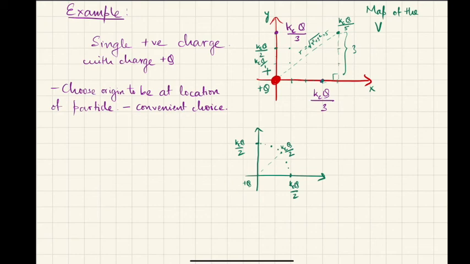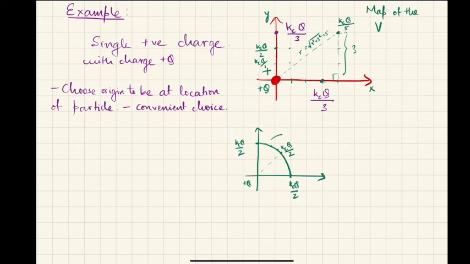And so a nice way of representing all of this is to try and draw a line that connects all the points on this grid where the value of the potential is the same.